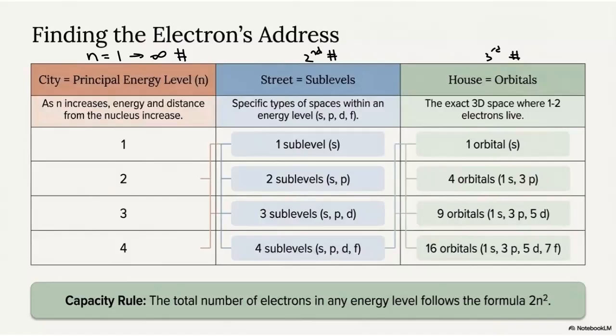Okay, so the total number of electrons in any energy level follows the formula 2n squared. The n is the level. So if you are in level number 1, 1 squared is 1 times 2, you can only have 2 electrons. If you are in level 2, that's 2 squared, that's 4 times 2, that's 8. The third is 9 times 2 is 18, and then 32.